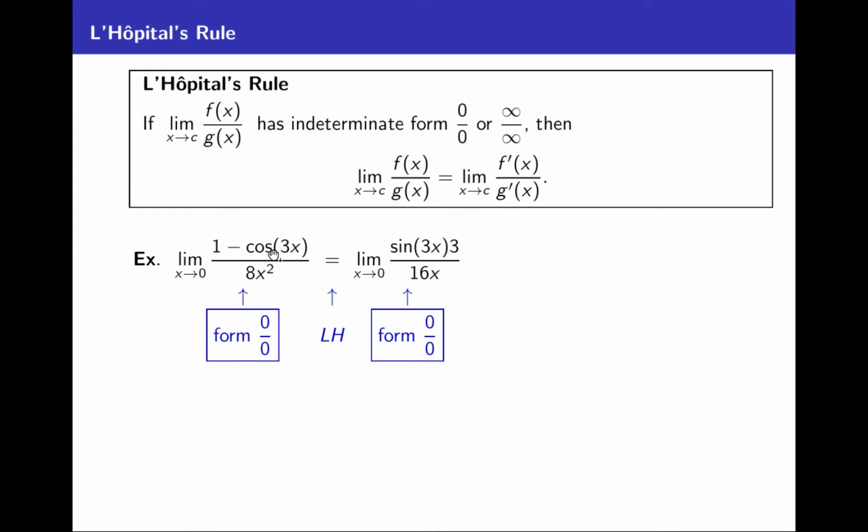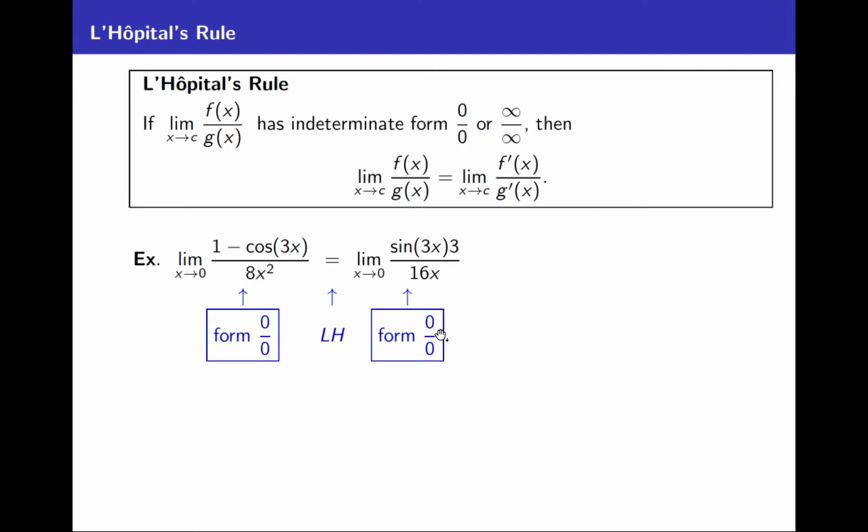With the derivative of 1 minus cosine 3x, we had to apply the chain rule: the derivative of cosine is minus sine, and that negative makes a positive sign. Plug in the 3x, multiply by the derivative of 3x. And of course the 1, its derivative was 0, so it doesn't even show up here. But we get the limit as x goes to 0 of sine 3x times 3 over 16x.